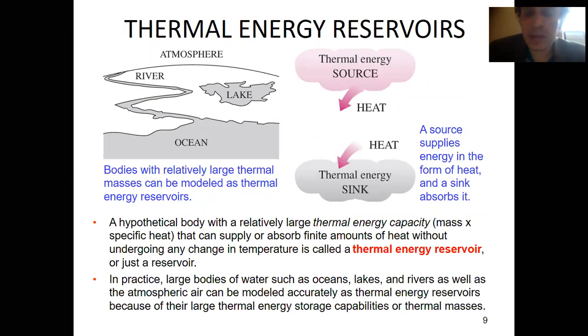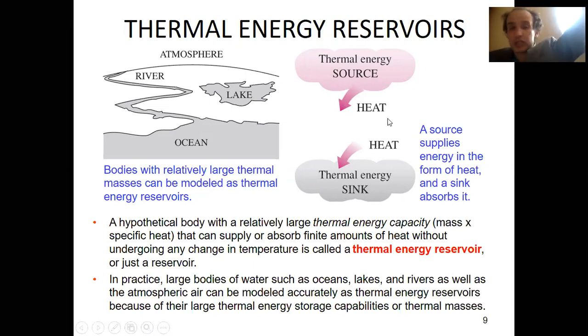And typically we talk about two types of reservoirs. They are source and sink, or sometimes we call them hot source and cold source. What does it mean? A source, or hot source, is something that has a higher temperature than yours, so you take heat from it and use it somehow, right?